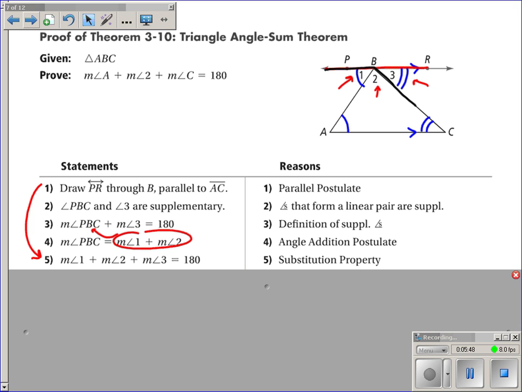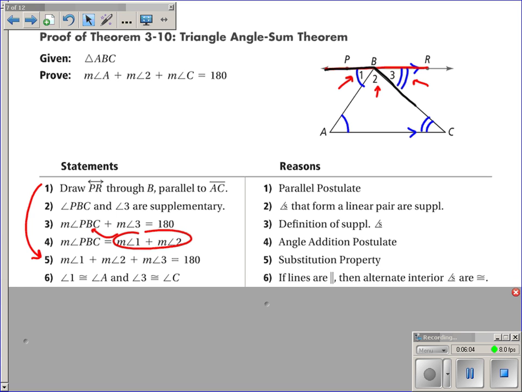But I guess in this proof, they've taken some more time to develop why the measure of angle 1 plus the measure of angle 2 plus the measure of angle 3 is 180 degrees. So once we're there, we can then use some properties of parallel lines. For example, that angle 1 is congruent to angle A, and angle 3 is congruent to angle C.